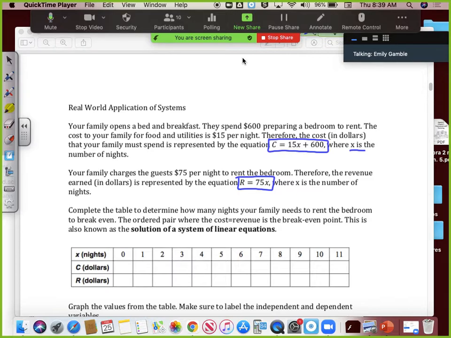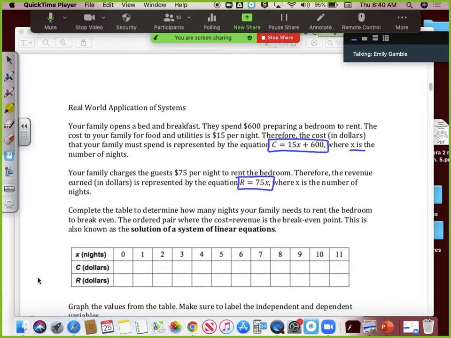I didn't make any money because the cost for me to physically make that cup with the name on it equaled the amount of money that I was selling it for. It's called the break-even point. What we're doing in this example is figuring out the break-even point when the cost for the bed and breakfast is equal to the revenue, the amount of money that's coming in.